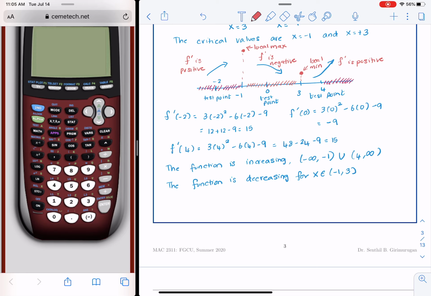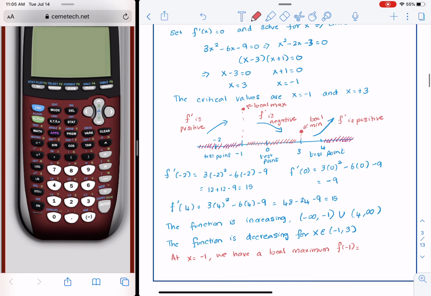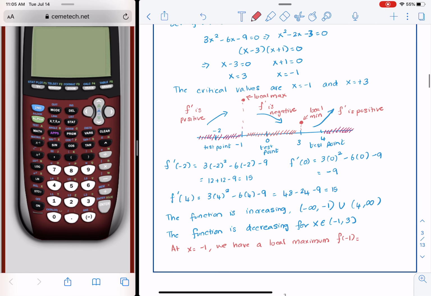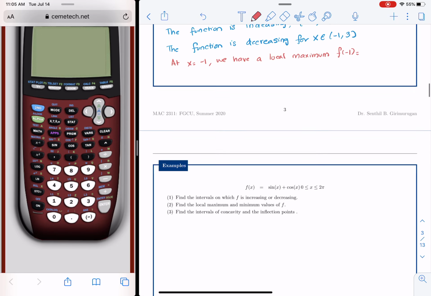So what are the local minimums and local maximums? So at x is equal to negative 1, we have a local maximum. So f of negative 1 would equal, now we have to plug it in the original function.